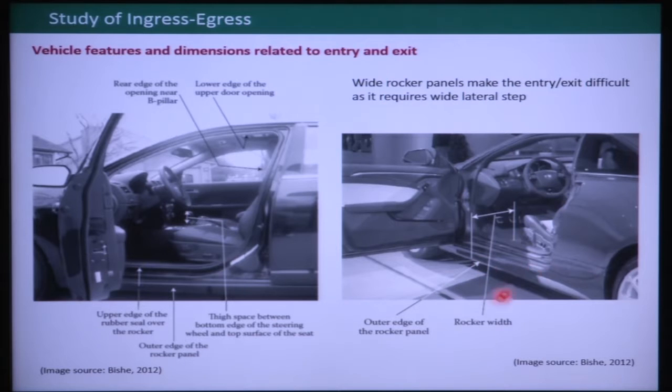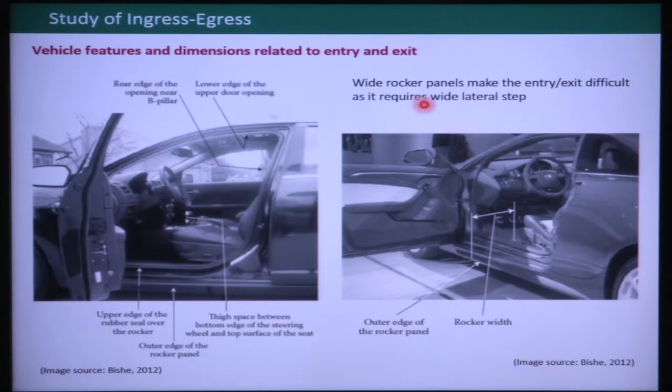Apart from this, another important dimension for this purpose is the rocker width, the distance from the outer edge to the inside edge of the rocker panel. This distance also influences the entry and exit for the driver. If this distance is more, then there will be more discomfort for entry or exit.